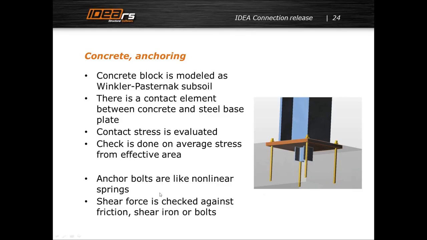Anchor bolts are again like the bolts we spoke about a couple of minutes ago, and we also check shear force, and this shear force in our model can be taken only by friction, or by shear iron like here, or by the flexural stiffness of these anchors. We are also able to take into account the mortar joint.